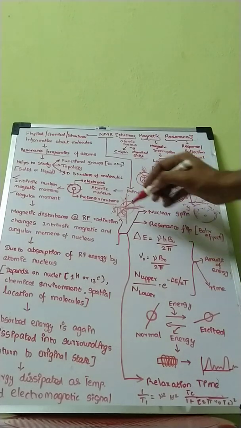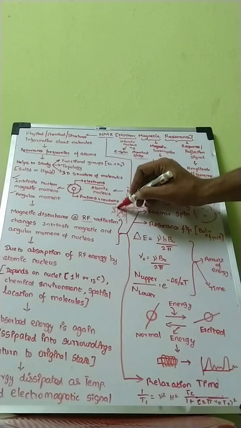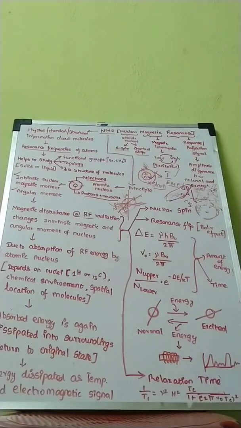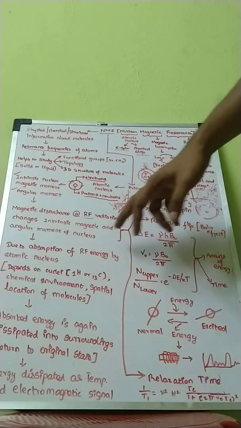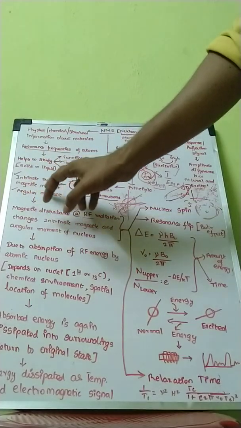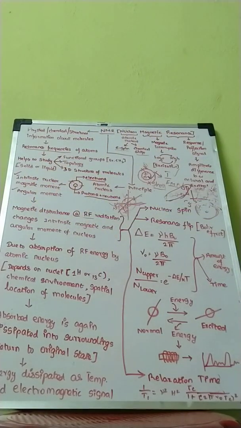Okay, what does it mean? This change in the angle is because of the absorption of energy from the surrounding environment, which is provided by magnetic flux. This is what is done to change the intrinsic nuclear magnetic moment and angular momentum of the atom. Okay, fine. So what happens next?